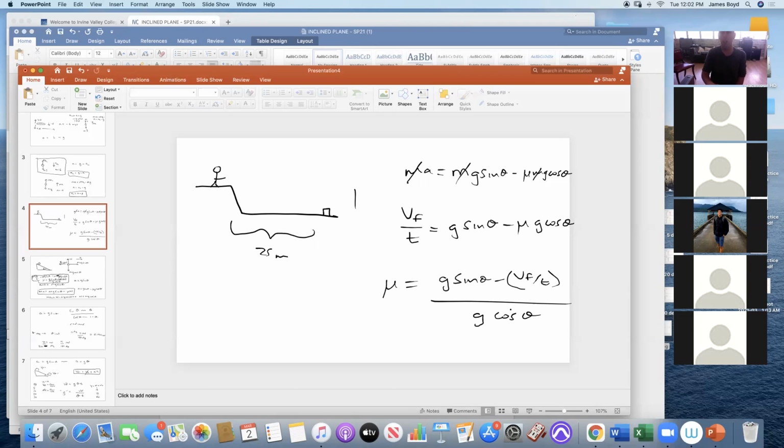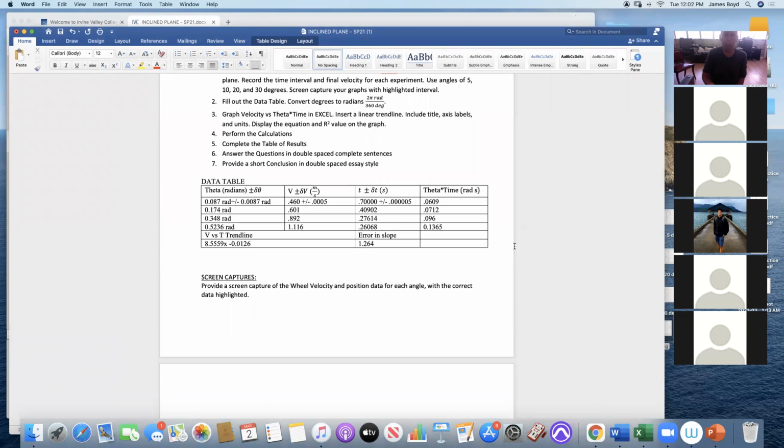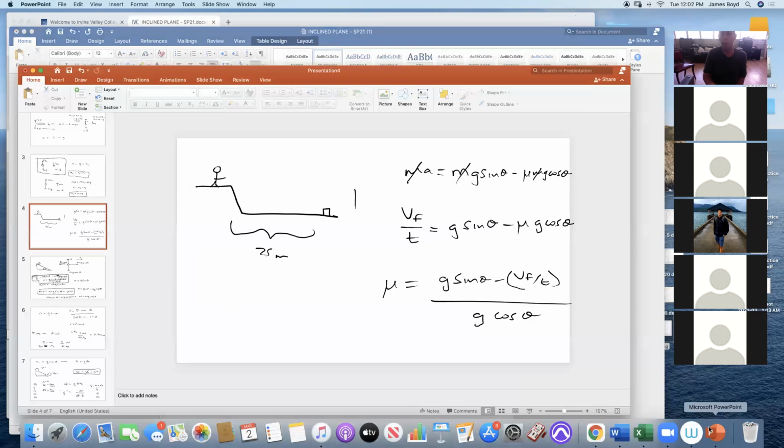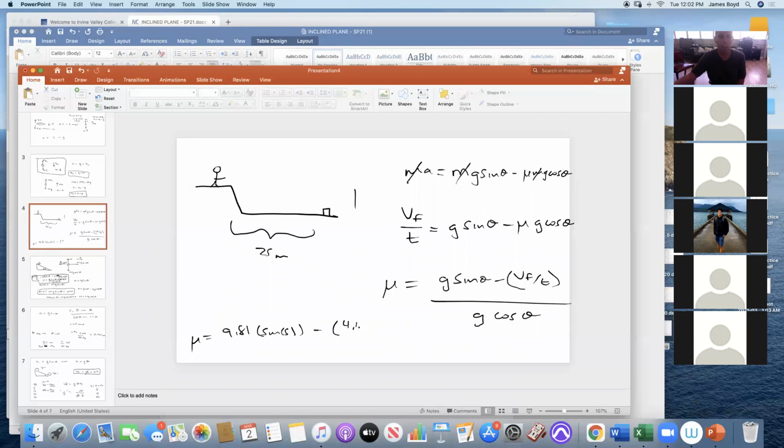So this would look like for me, my V final for my 5 degrees is 0.460 and T is 0.7. So mu would be 9.81 sine of 5 degrees minus 0.460 divided by 0.7, over 9.81 cos of 5 degrees.